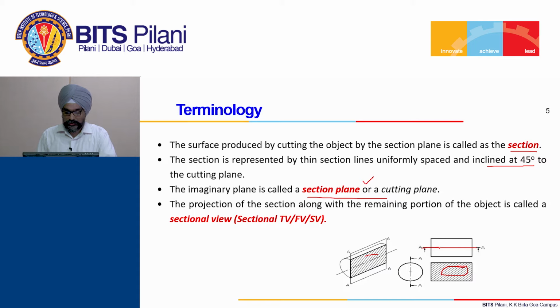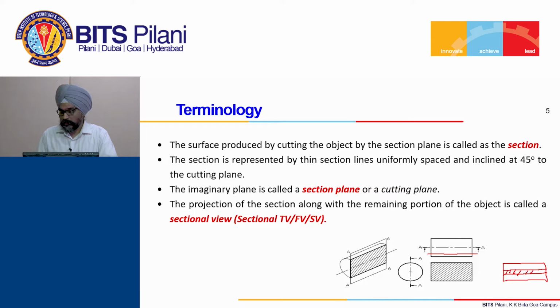In some situations, as I explained earlier, let us say the section plane passes through this point. In that case, the solid may look like this, where the section will appear only partly like this.